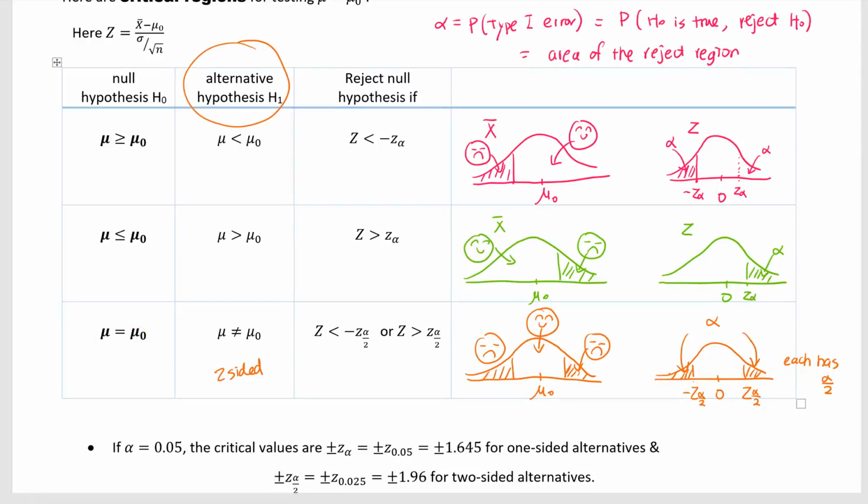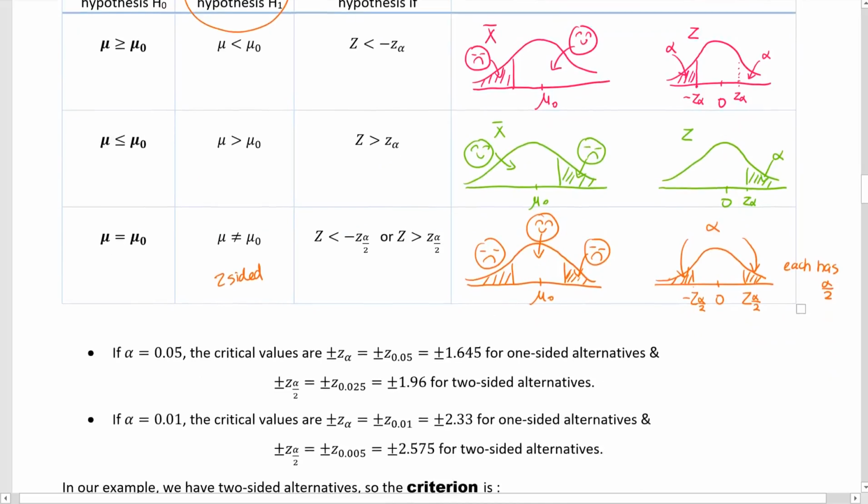No. Even though it tells you it's 20, think about what makes you happy or not happy. You're happy if the drying time is less than or equal to 20. You're not happy if the drying time is over 20. So then we are in this case. We reject the claim if z is bigger than some number, z alpha.